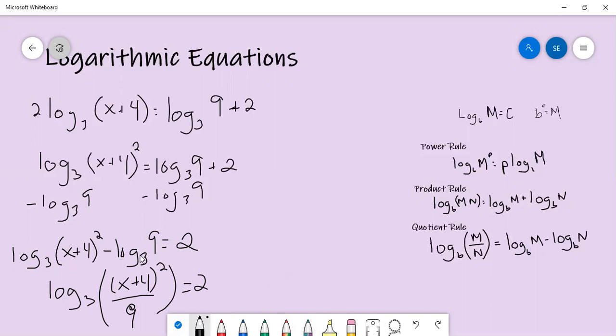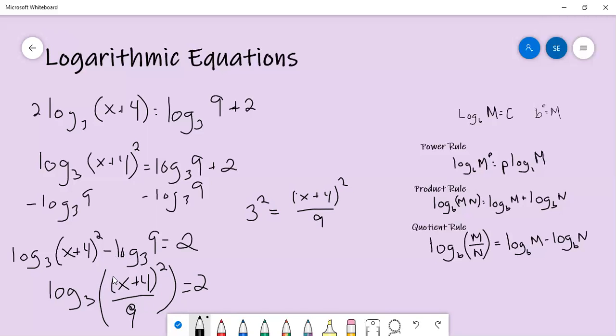Now, this is in a form where we can invoke this definition, where we can say that b to the c, so 3 to the 2, is equal to, this was my m, x plus 4 squared divided by 9.